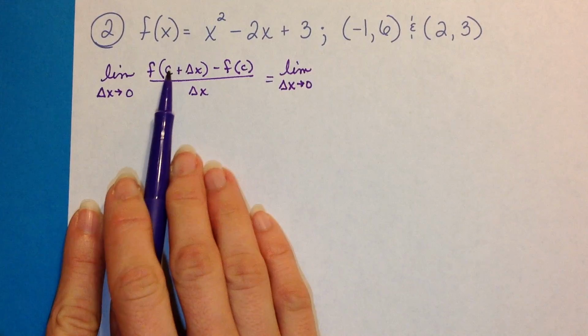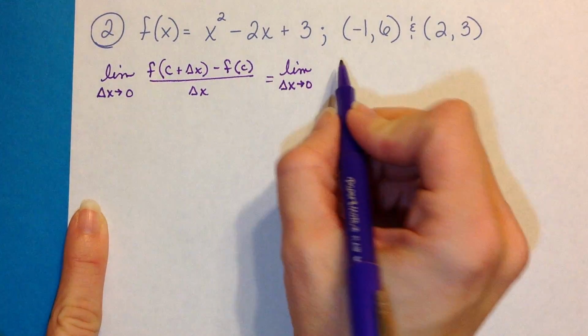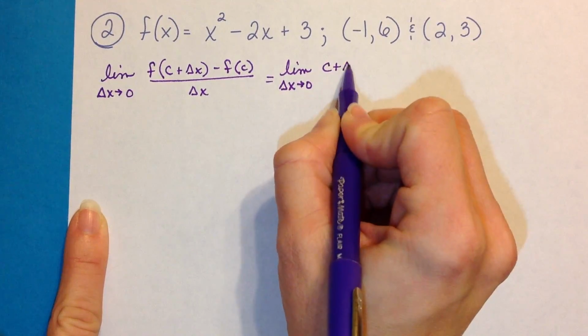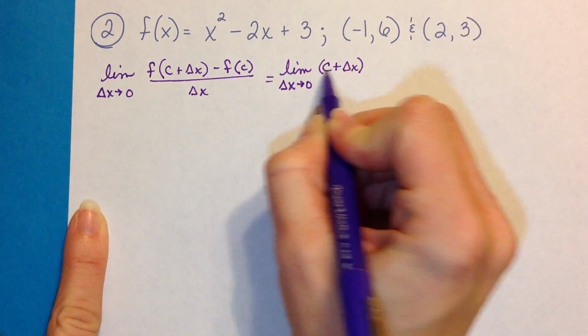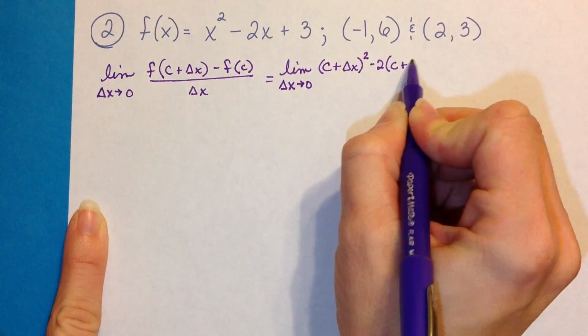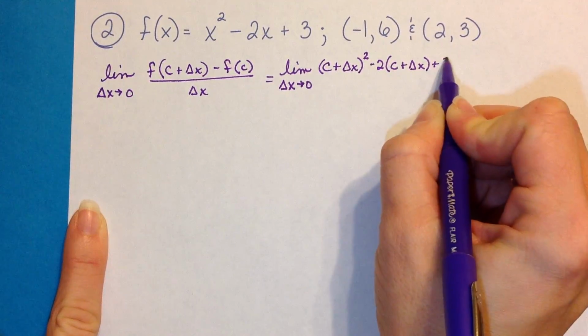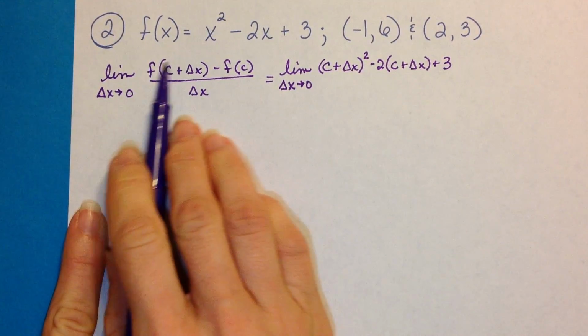So I have to substitute c plus delta x here and here. So I'd have c plus delta x squared minus 2 times c plus delta x plus 3. Okay, so that's all of this.